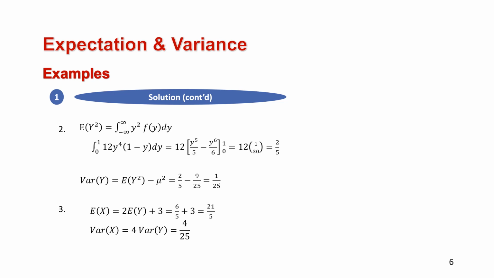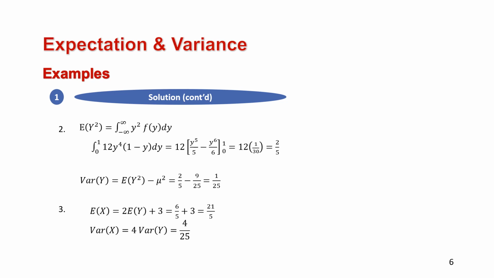But then the variance equals the expected value of y squared, which is 2 over 5, minus mu squared. We got mu before, which is 3 over 5, and 3 over 5 squared is 9 over 25. But then the variance equals 1 over 25.